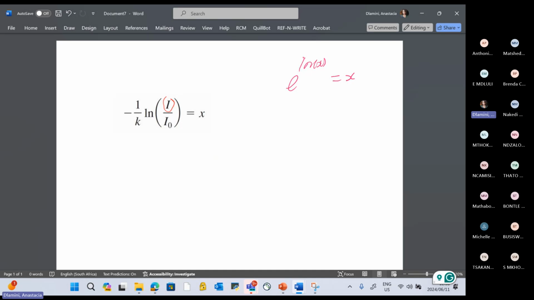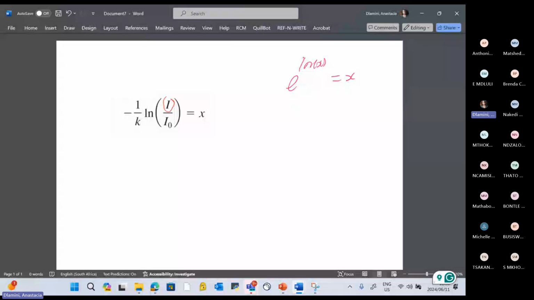Okay, where did you get up to before you talked about the ln? We multiply by the reciprocal of minus 1 over k on both sides. So we're left with ln of I over I0 is equal to minus kx.